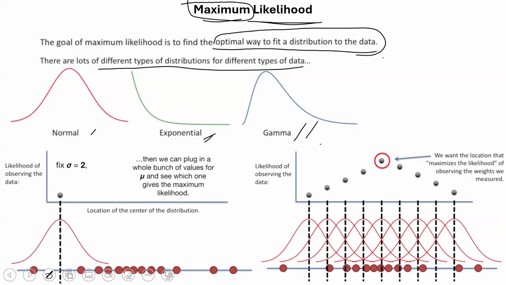Coming back to this maximum likelihood part. The parameters we need for a normal distribution are mu and sigma, which are the mean and the standard deviation. These are the parameters we have to find to draw a distribution. If you know the mean, you know where the peak of the distribution will be.